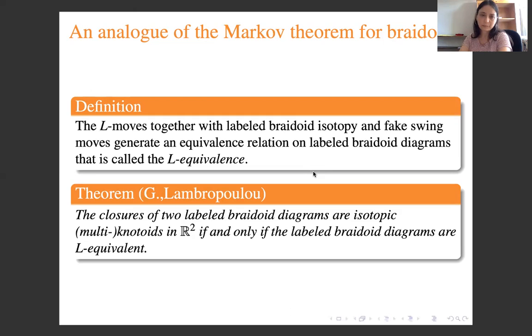And we have proved that the closures of two labeled braidoid diagrams are isotopic multi-knotoids in the plane if and only if the labeled braidoid diagrams are L equivalent. They are related to each other by L over, L under moves, or the deletion of these moves, and also fake swing moves.